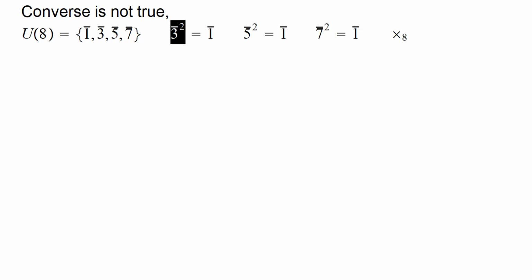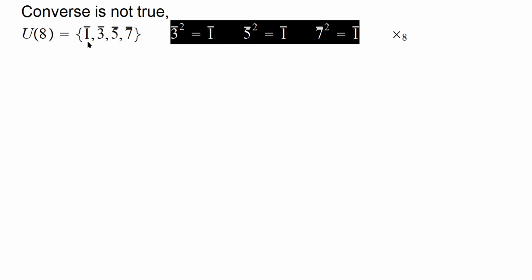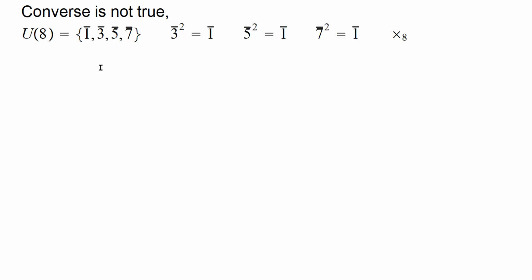The order of every element other than 1 is 2, and it doesn't have any element of order 4. So this is an abelian group, but it is not cyclic.